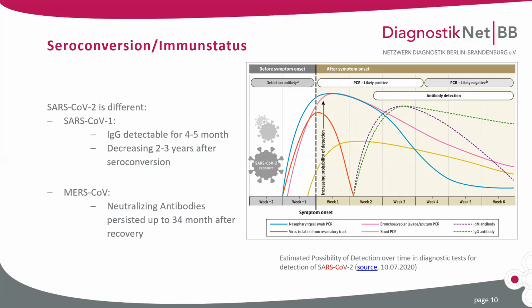We do not know yet about SARS-CoV-2 precisely, but it is clear already that we have a different situation. So in the graph, you see the onset or the beginning of the detectability of the virus via PCR, and that detectability is going down quite quickly.